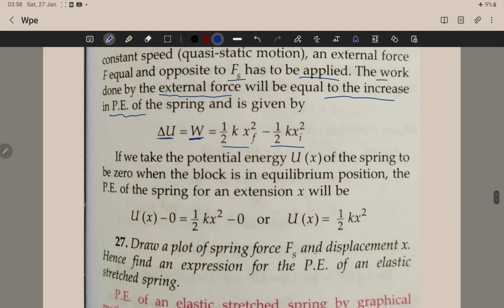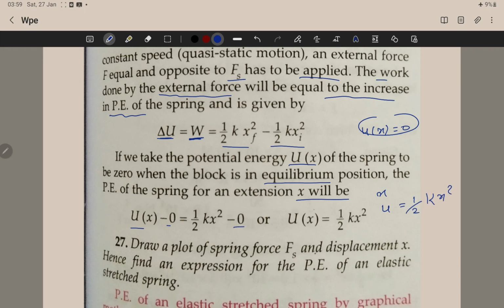Now we take the potential energy U of a spring to be zero when the block is in the equilibrium position. So at equilibrium, what do we take? We took the potential energy as zero. So the potential energy of the spring at x we can write like this: U(x) minus 0. If at position x the potential energy is U(x), it becomes half kx square, and at equilibrium it is 0.